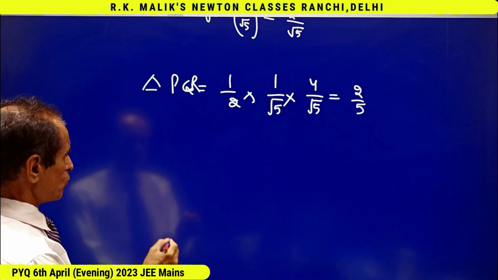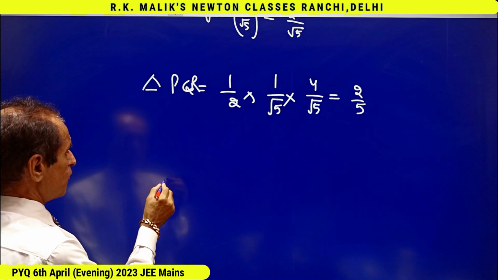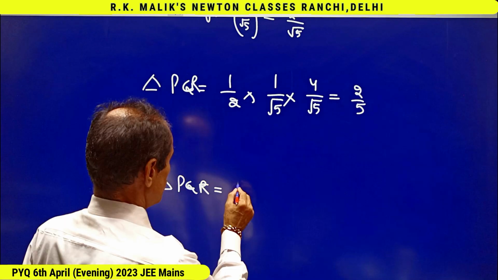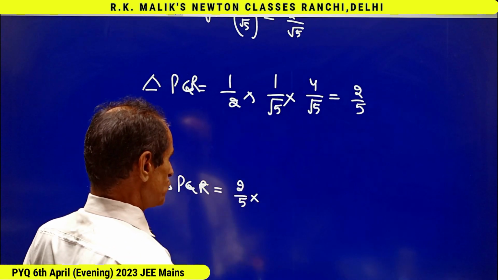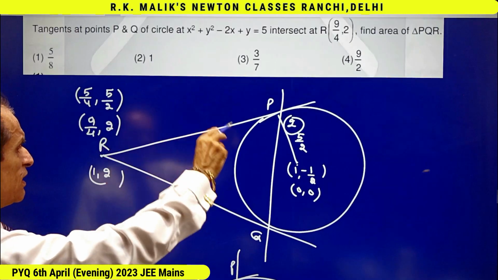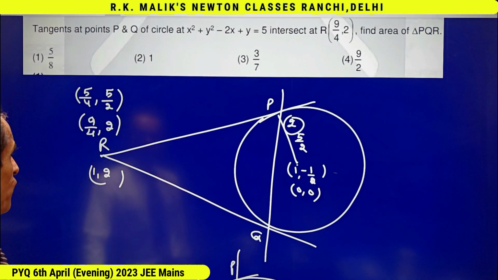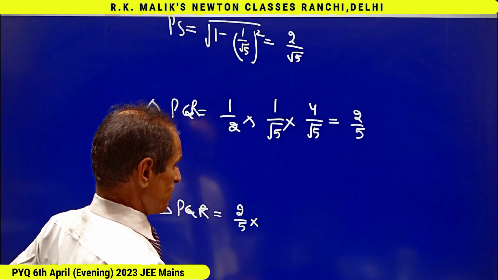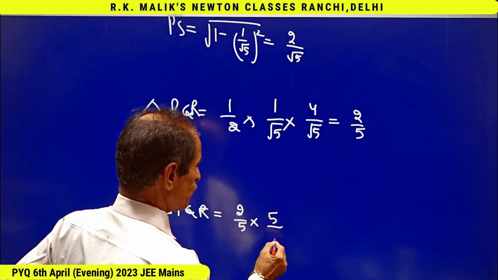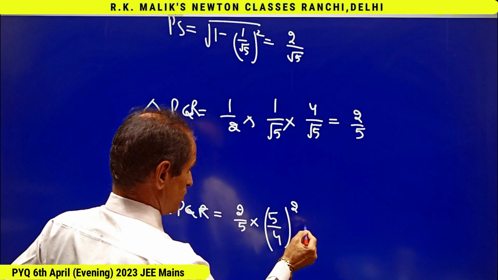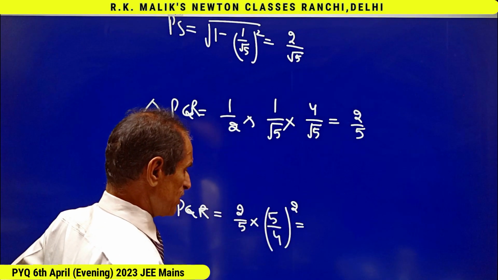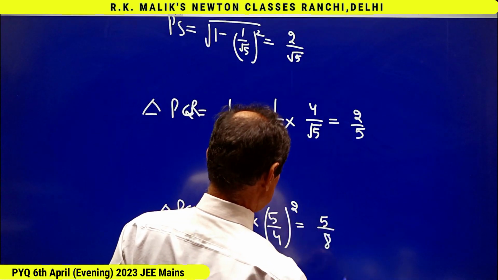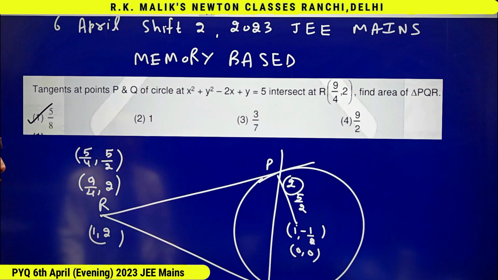And now according to old coordinate system, area of triangle PQR will be 2 by 5 into, because previously I had divided all the x coordinate, y coordinate by 5 by 4, to get back the area in terms of original coordinate system, I'll be multiplying by (5/4)². Why square I had explained in the very beginning, and now the answer will be 5 by 8. Hence I can say first choice is the correct choice.